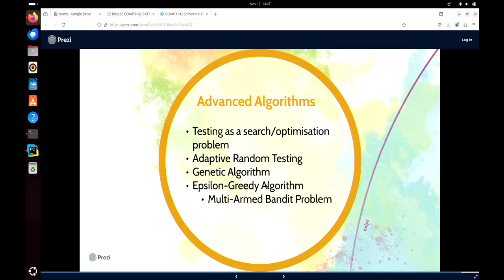For advanced algorithms, we learned how to model testing as a search or optimization problem. We learned several advanced algorithms, for example adaptive random testing, the genetic algorithm, and the epsilon greedy algorithm, which is related to solving the problem of multi-armed bandits.